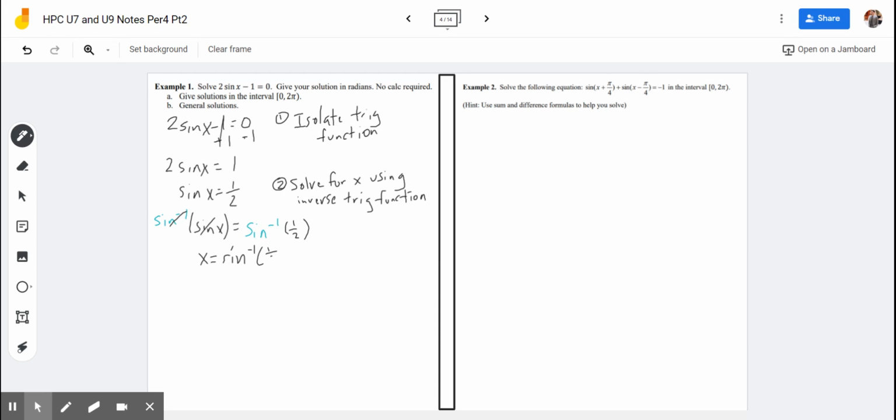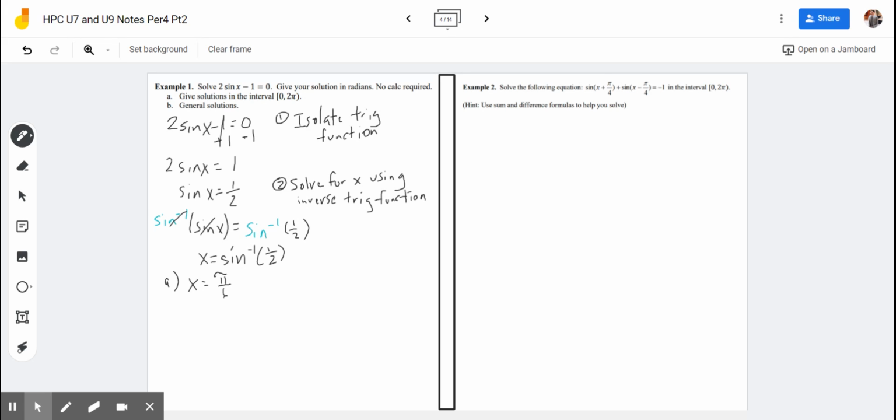And sine inverse of a half, you should recognize this again from the unit circle. That occurs in quadrants 1 and 2. So therefore, our solutions over 0 to 2 pi occur in radians at x equals pi over 6.